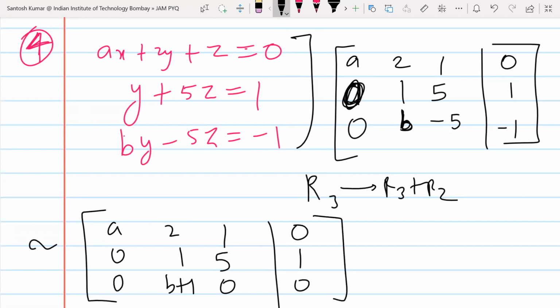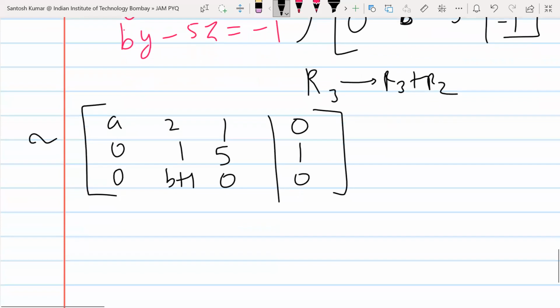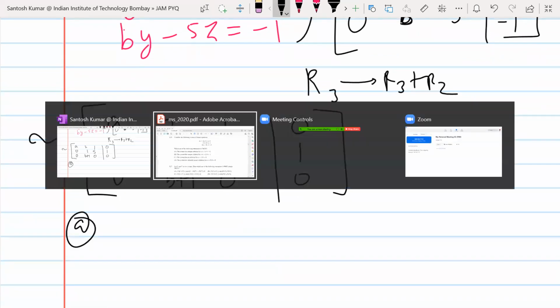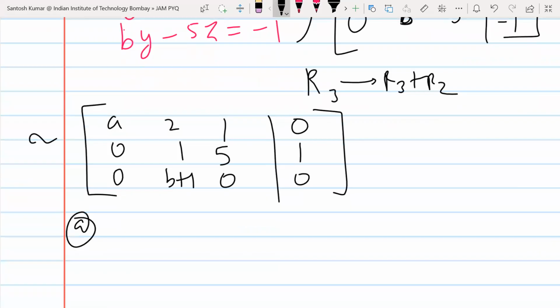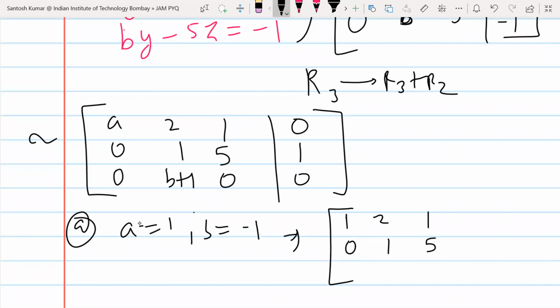Okay, now let us see the options. In option A, they said a is 1, b is -1. So for that, what will happen? Replacing a = 1 and b = -1, we get 1 2 1, 0 1 5, and 0 0 0 augmented with 0 1 0.